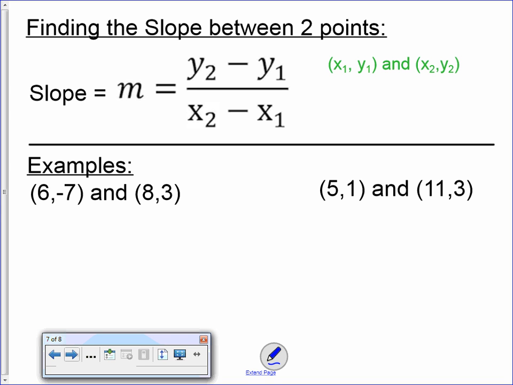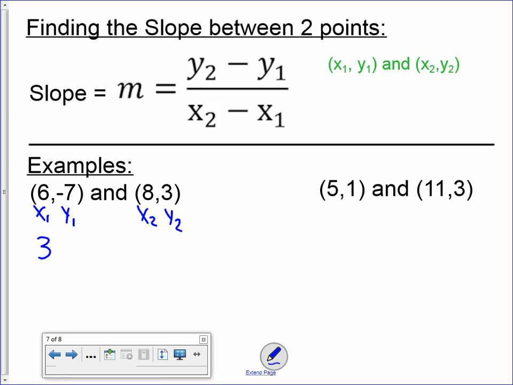To demonstrate how to use the slope formula, I'm going to complete the following examples. The first thing I'm going to do is label. Here's x1, y1, x2, y2. I'm going to substitute in the values.